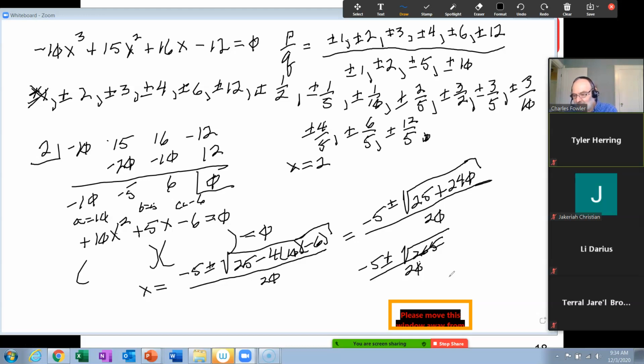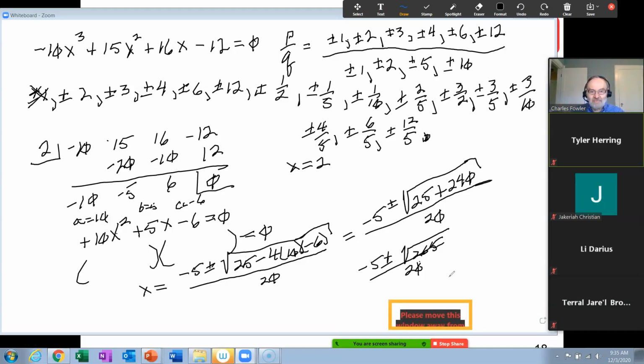I'm going to turn it sideways because that gets my phone into a scientific calculator. 265, take the square root of it, you get 16.27, blah, blah, blah. Not a perfect square, okay? So therefore, not going to have a rational solution.